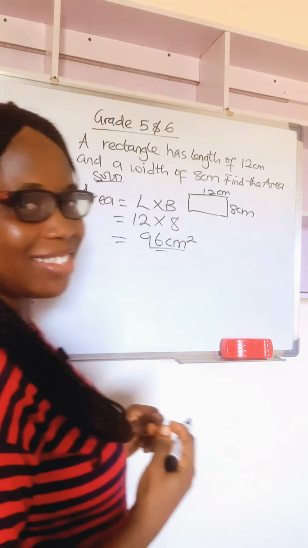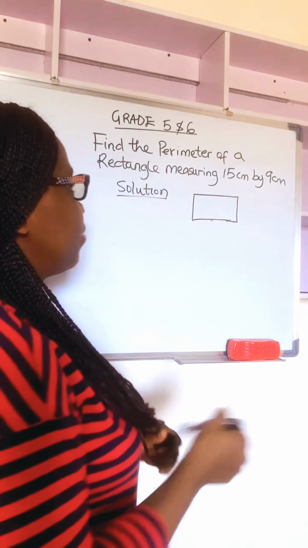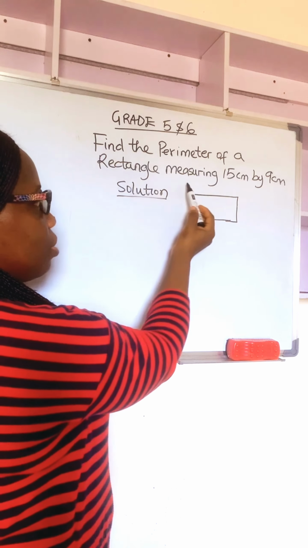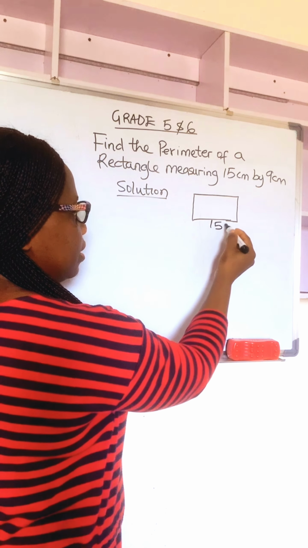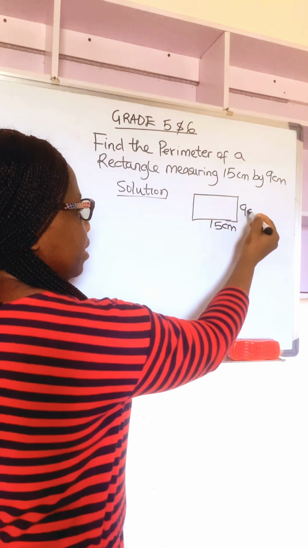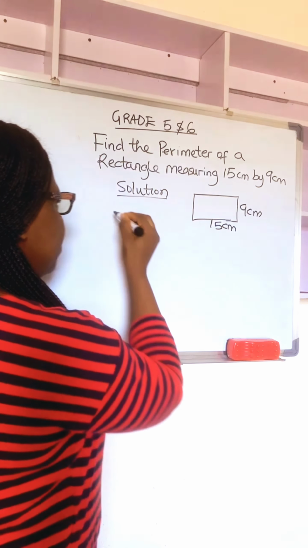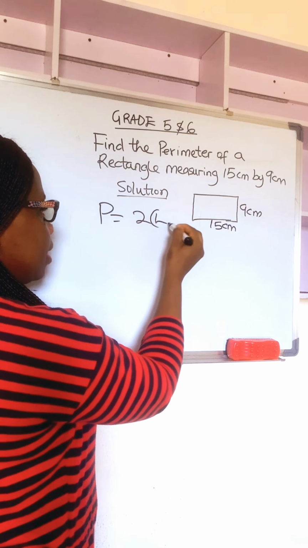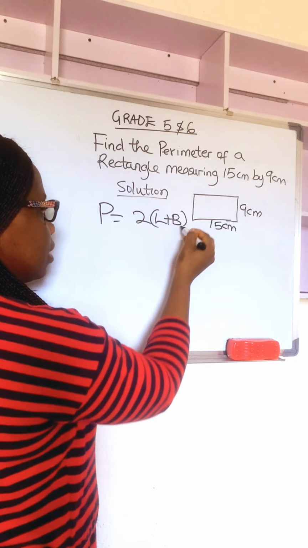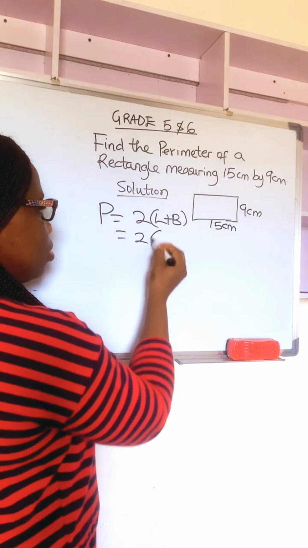Easy, very easy. If you're asked to find the perimeter of a rectangle measuring 15 cm by 9 cm, this is 15 cm, this is a rectangle, and here is 9 cm. You simply go ahead. The formula to find perimeter is 2 brackets length plus breadth. So this is 2.